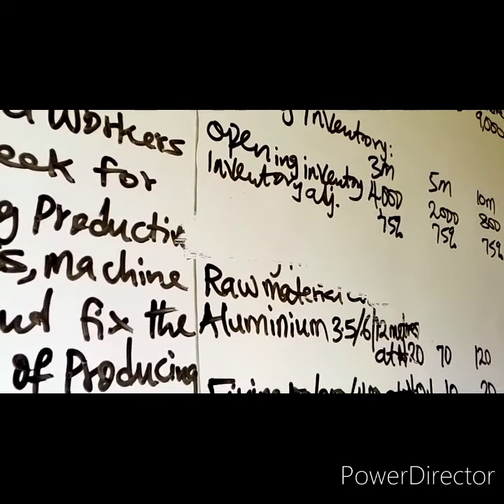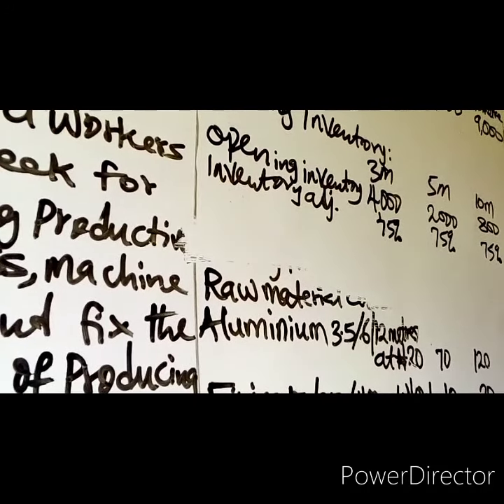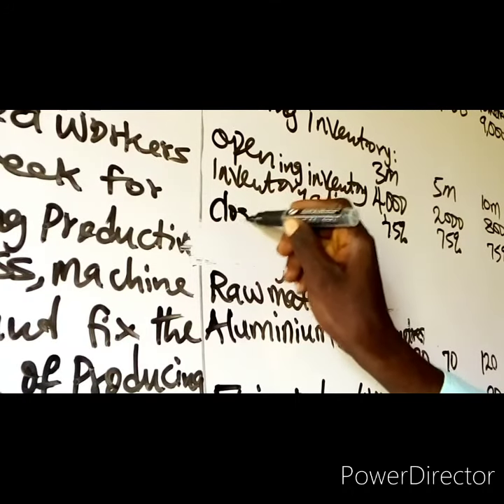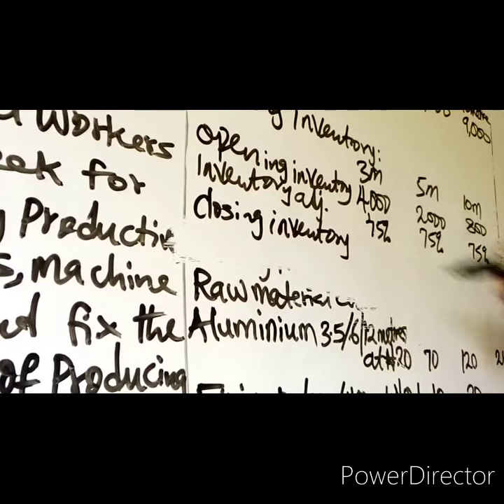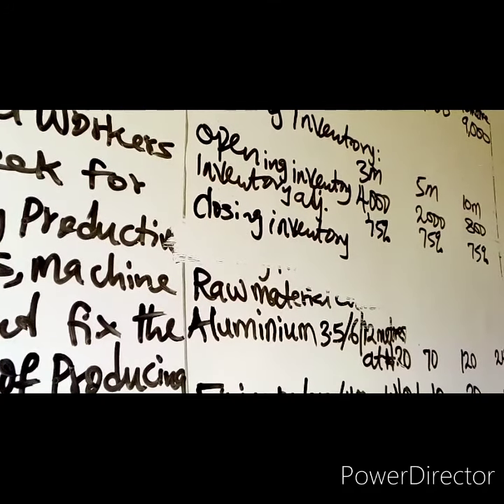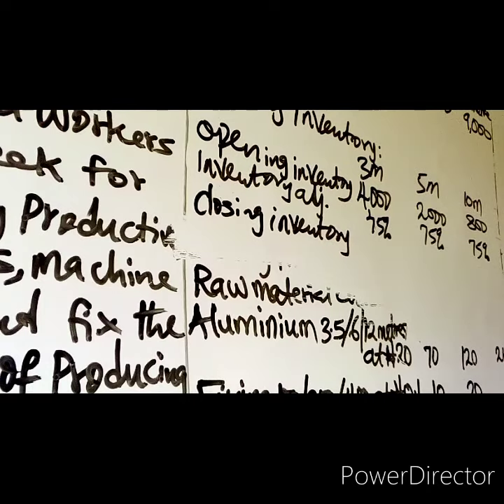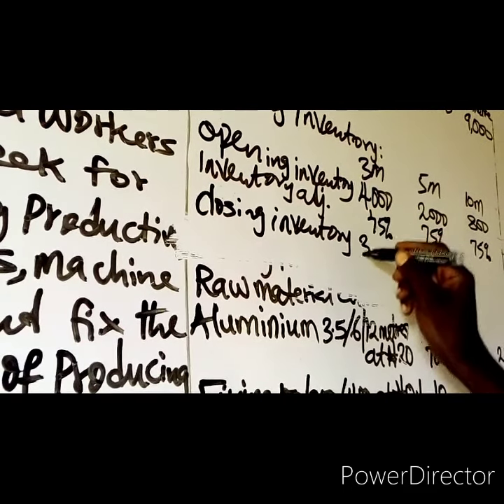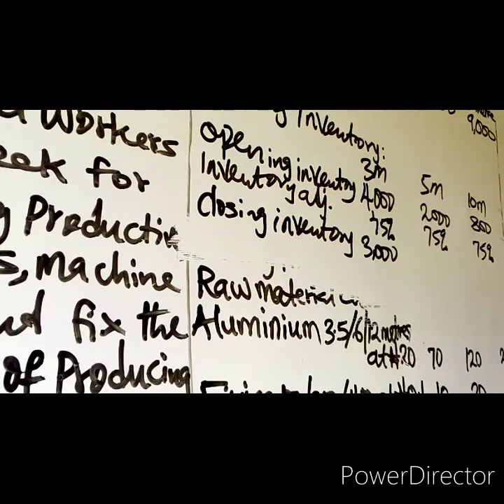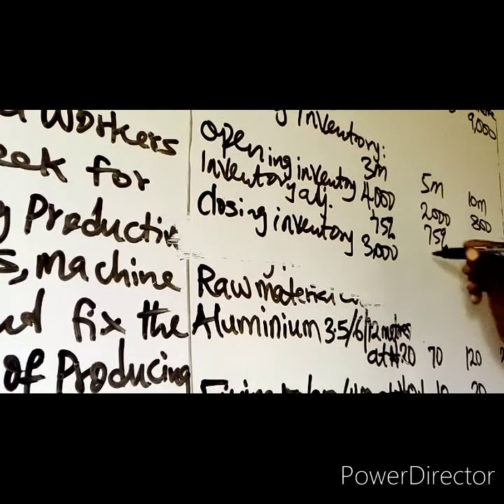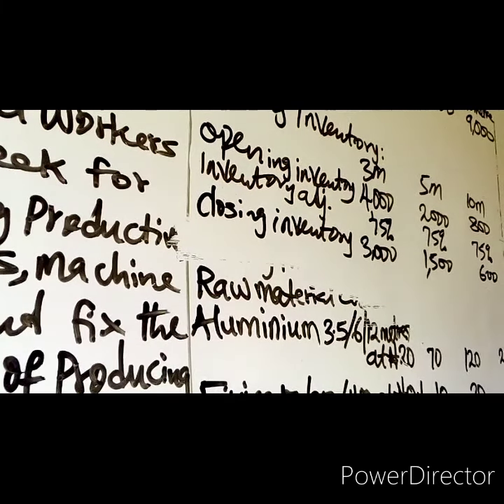So now let's calculate 75% to get the closing inventory. 75% of 4,000 will give us 3,000. Then 75% of 2,000 will as well give us 1,500 units. And 75% of 800 will equally give us 600 units.